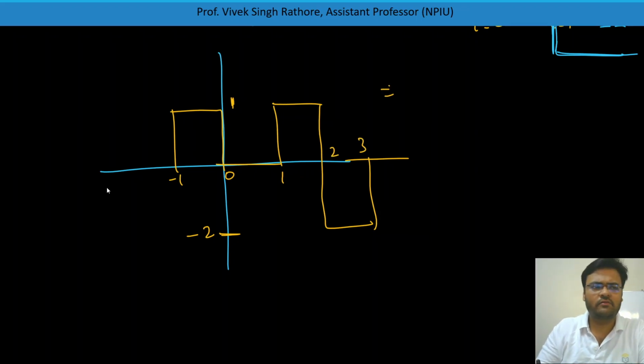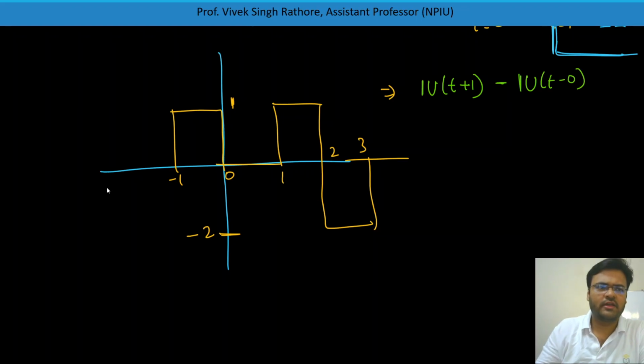Now if I tell you to represent it in unit steps, what are you going to do? So let's see. There is a step change at t equal to -1, and how much step change? One step change, so 1 u(t+1), and then it will go on. There is again a step change at t equal to 0, so -1 u(t).